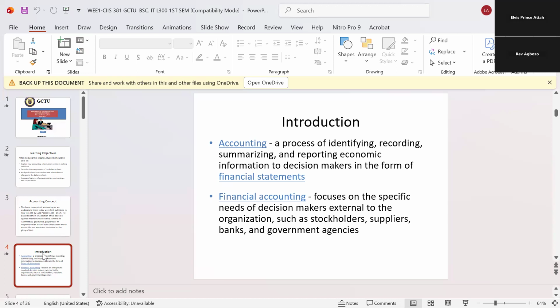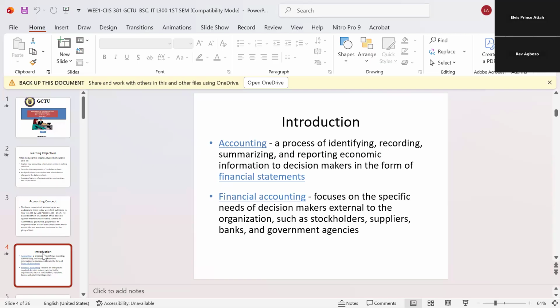So when we talk about it, there are people that use financial information. Generally we have two categories: internal users of financial information and external users.